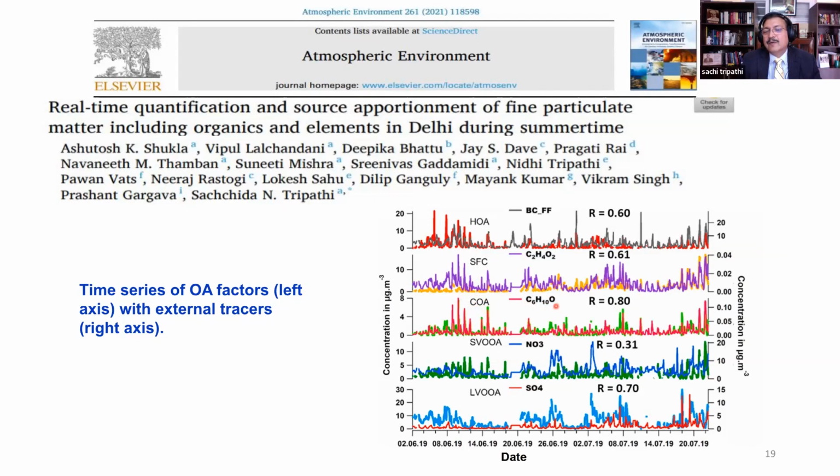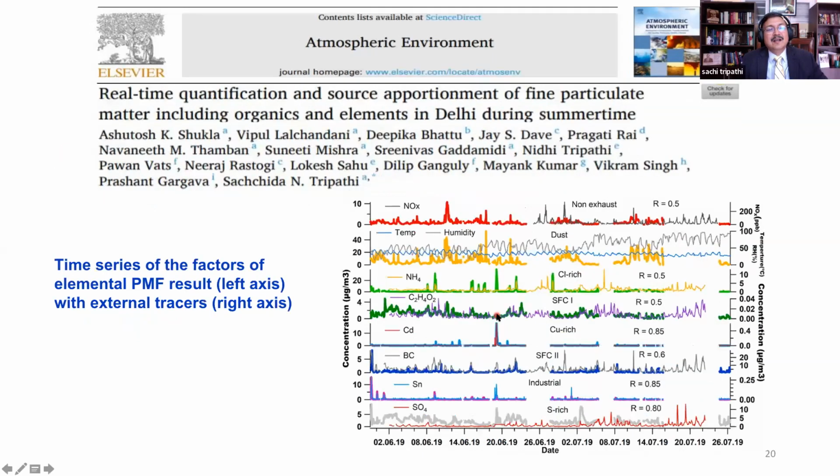The real-time approach enables you to get such molecular information, which brings important fingerprints of some very specific sources. One example here is C6H10O, a particular compound which is associated with cooking. That's how we could get that it is coming from this cooking-related oxygenated aerosol.